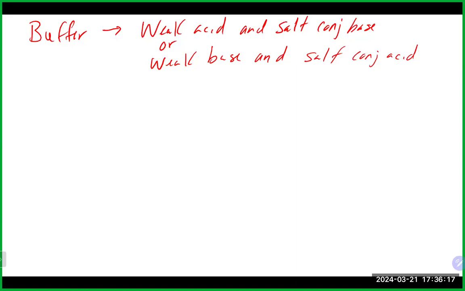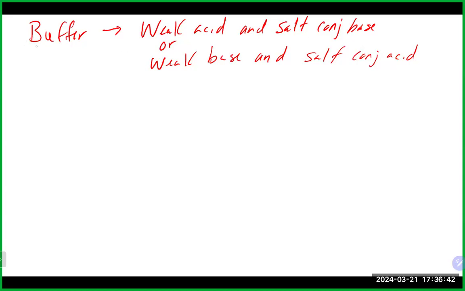And that's why it has to be a weak acid or a weak base for it to be a buffer, and why you cannot have a buffer that's made up of a strong acid or strong base, because they are strong electrolytes which will 100% break apart in solution, and you will not be able to keep both the acid part and the base part of that buffer in solution. So again, that's why we have the weak one here.